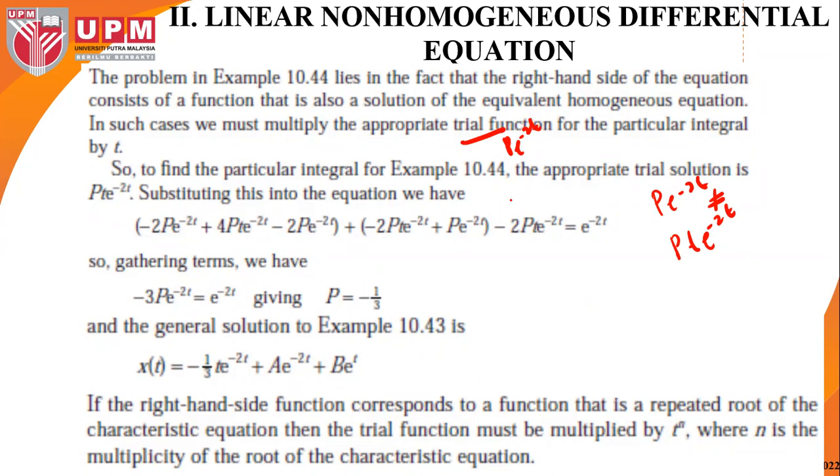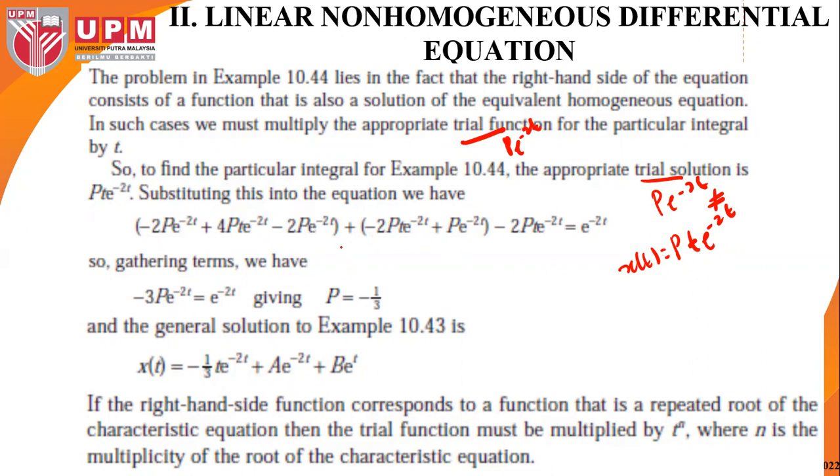So in this case, your new trial is this one. Okay, p t e^(-2t), because just now it was already 0. So you need to modify, you add p t e^(-2t). Then you put this one into the differential equation.